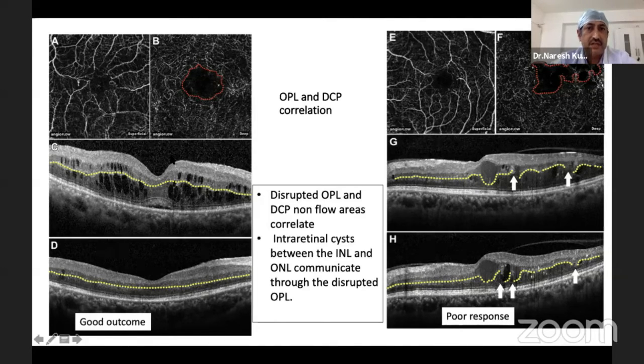Such patients are going to respond well to anti-VEGF. On the other side, the OPL is disturbed, and wherever the OPL is disturbed, you see a non-flow area in the DCP. So there's a good correlation of the DCP and the OPL disruption.